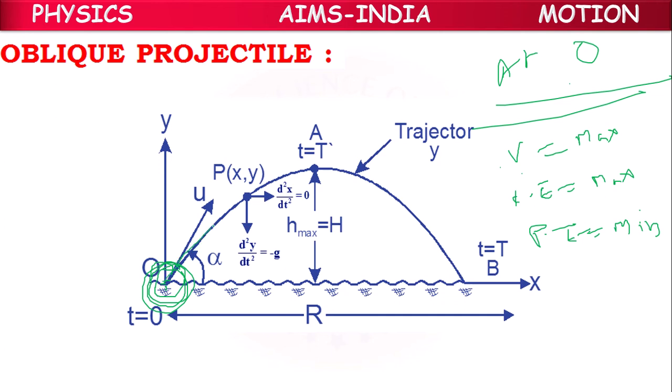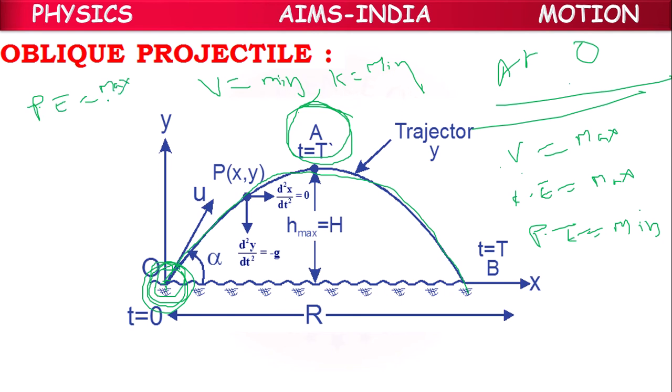So what is the highest point reached by the body? It's A. There the velocity is minimum, almost zero, but not completely zero. We have to say almost zero. There velocity is minimum, kinetic energy is minimum, and potential energy is maximum.